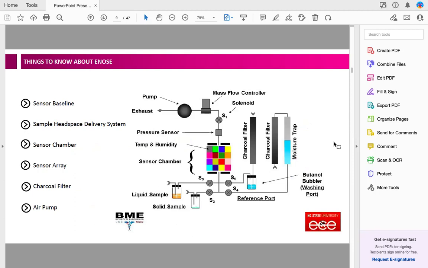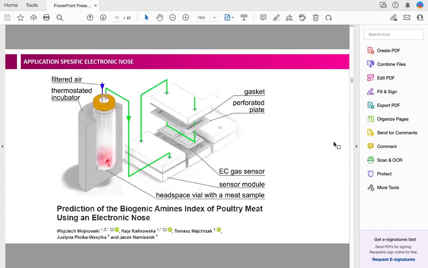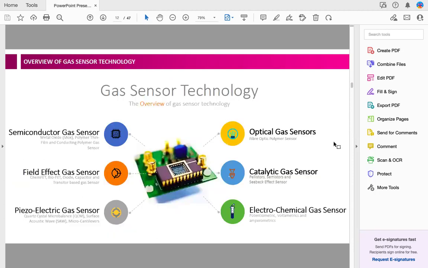All right, so let me explain to you the different types of gas sensor technology. As I mentioned, it can be electrochemical, it can be optical, based on the principle being used, or we can also have field effect, piezoelectric.